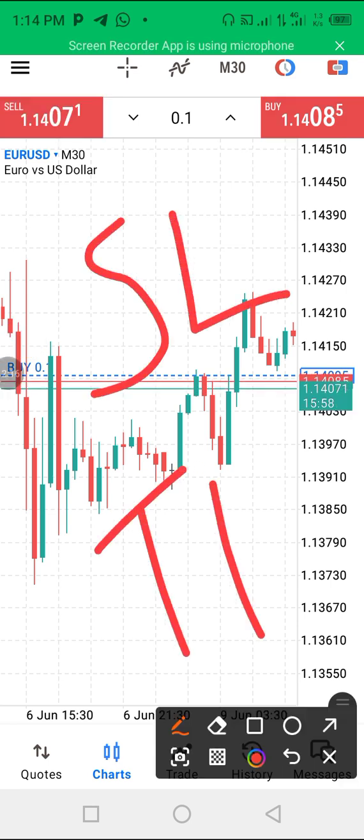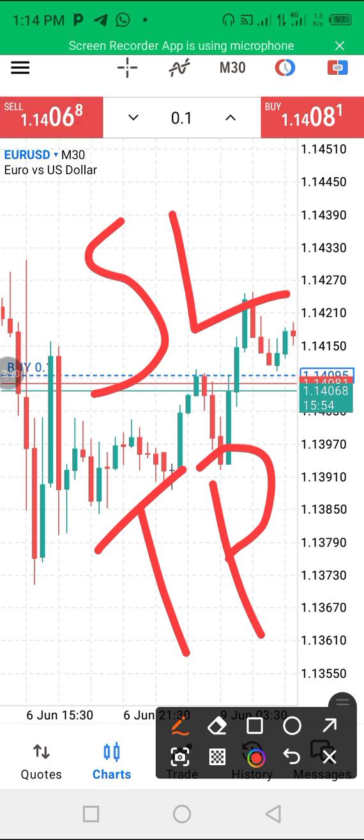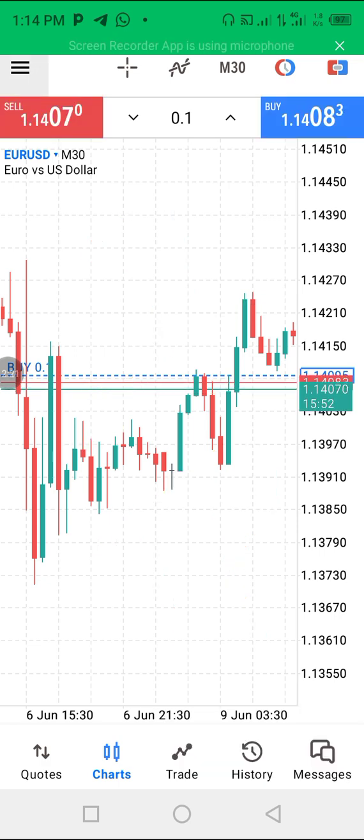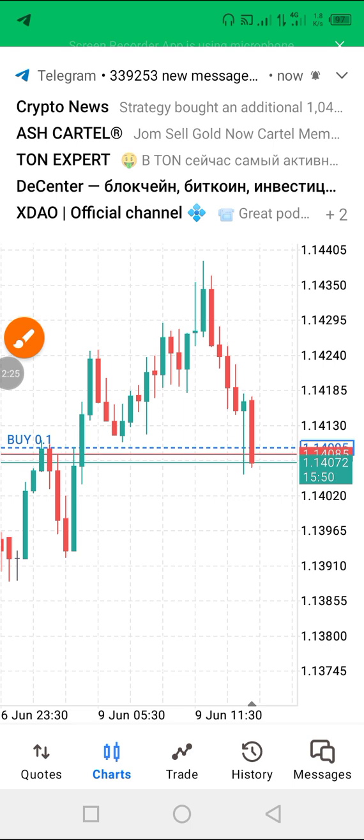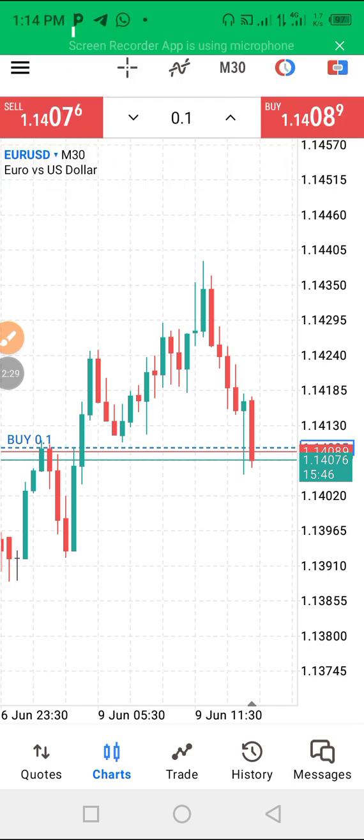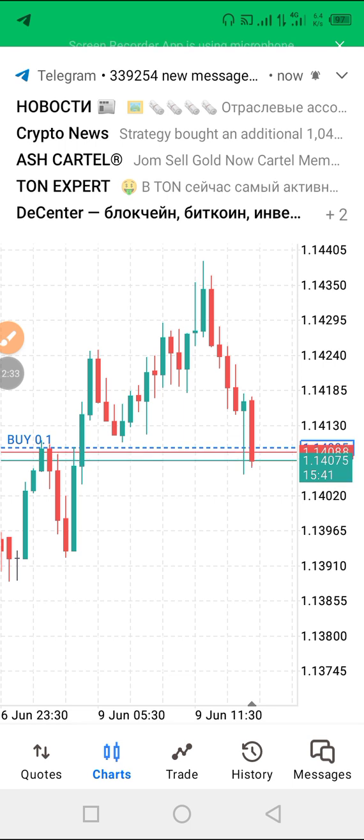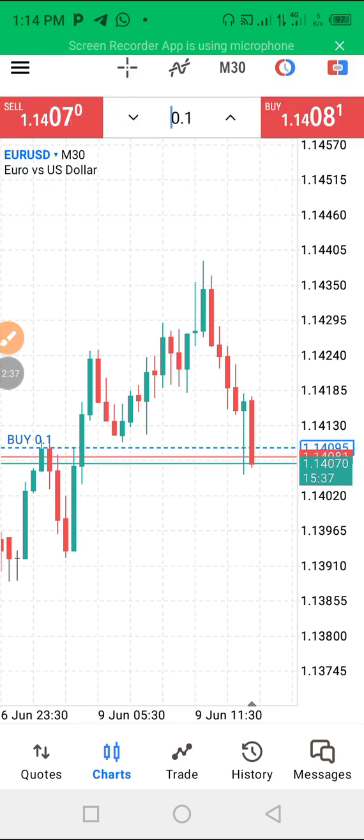Stop loss means if I predict the market will go up and the market eventually starts going down and I'm losing, for me not to lose all my money, I'll set the app in such a way that once I lose to a particular stage that is determined by me, and the price still wants to go beyond that place, the market will have to take me out at a loss.